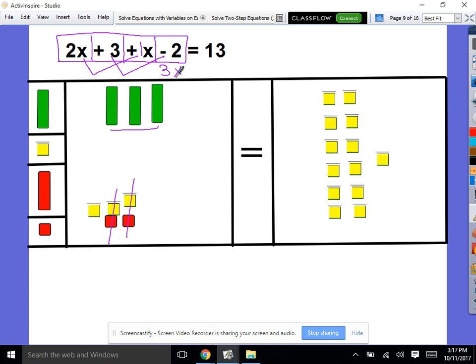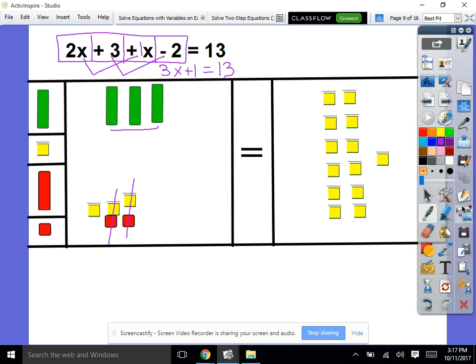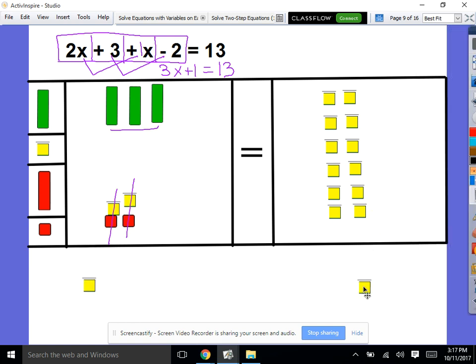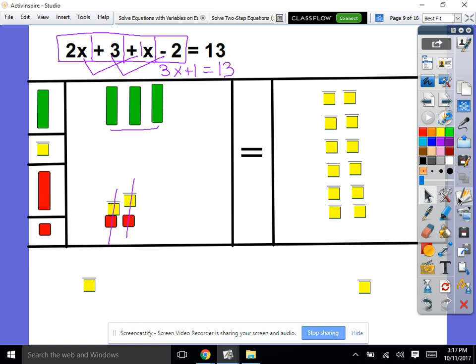Plus 3 minus 2 would be plus 1 equals 13. So 3x plus 1 equals 13. And we can go ahead and solve that. Take away 1 from this side, take away 1 from this side.